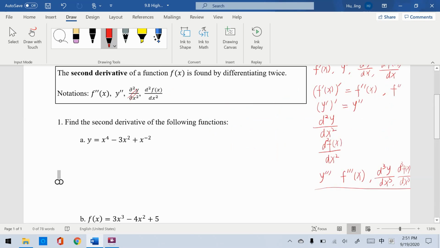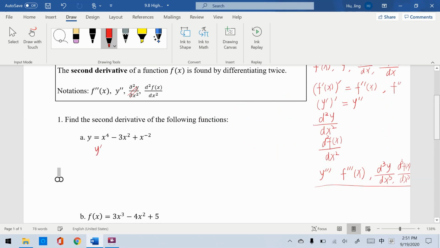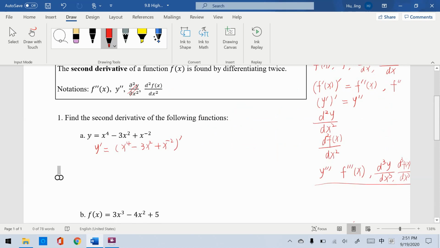Now let's do the examples. You just do one derivative at a time. First we start with the first order derivative. If you are fast, you don't need this step and can go directly to the next step. So the 4 jumps down. We first use the addition rule, then work on each term.